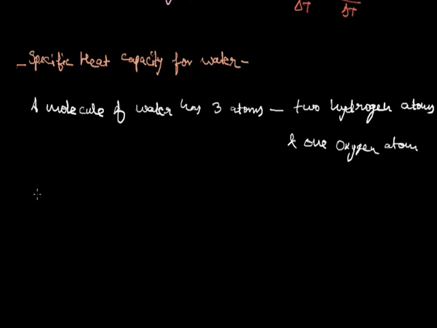So the total energy contribution for water can be written as U equals 3 multiplied by 3 kBT, where the energy contribution 3 kBT is due to each atom in that water molecule and 3 for the individual molecule.